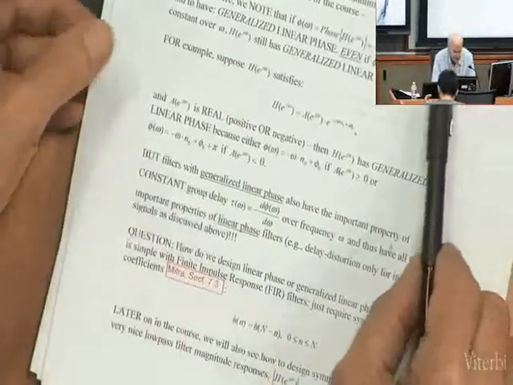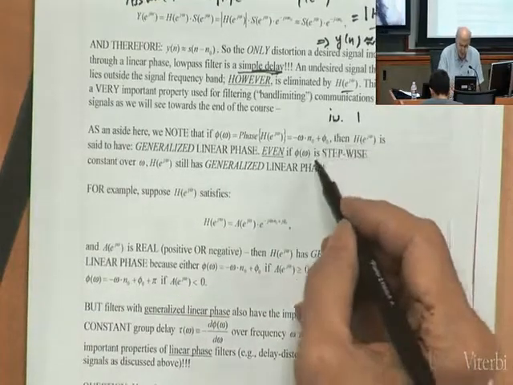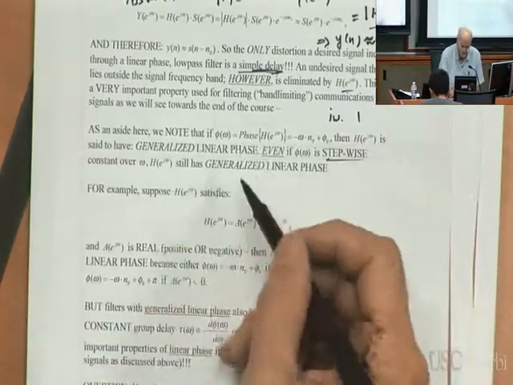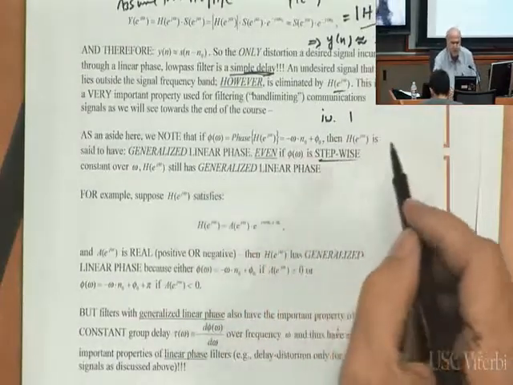One final point, as an aside. Here we note that if the phase of omega is linear but it has a constant to it, then h of e to the j omega is said to have a generalized linear phase. Even if phi is stepwise constant over omega, h is still said to have generalized linear phase.